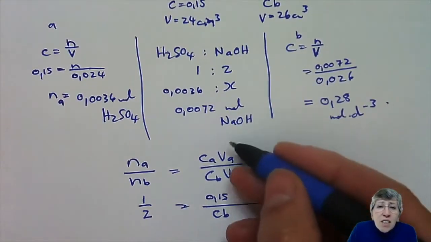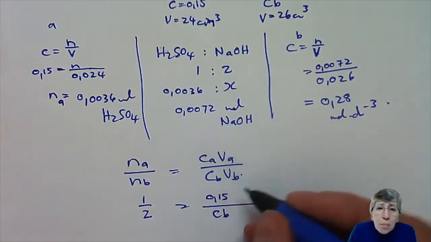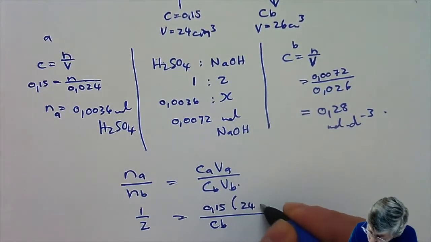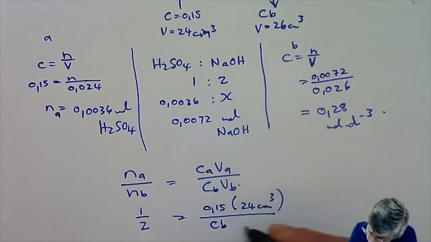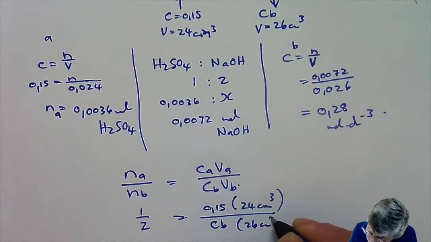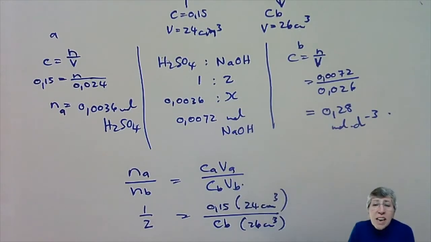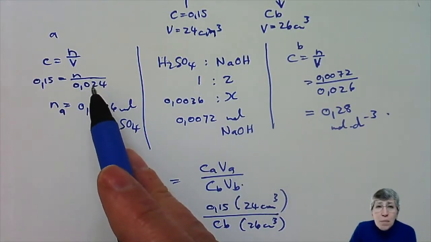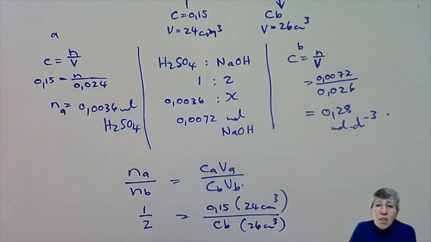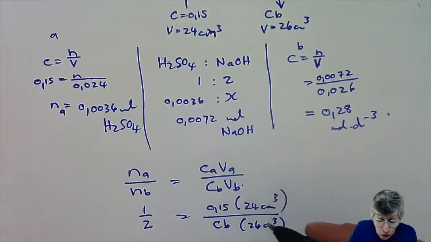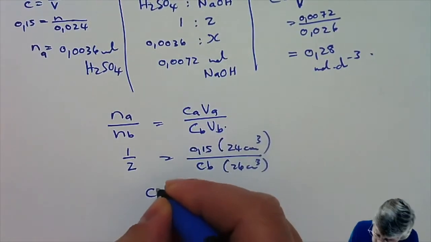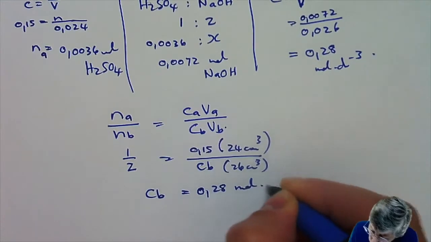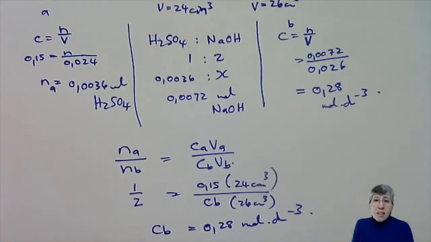Now here, since volume is at the top and at the bottom, I can just leave it in cubic centimeters. I can have 24 cubic centimeters up there and 26 cubic centimeters down there, because they're going to cancel out, right? But in that one, you have to go to cubic decimeters. There's only one volume, so nothing to cancel out with, right? And when you do this, you end up with the concentration of the base being 0.28 moles per cubic decimeter.